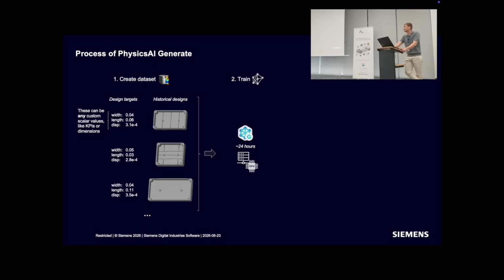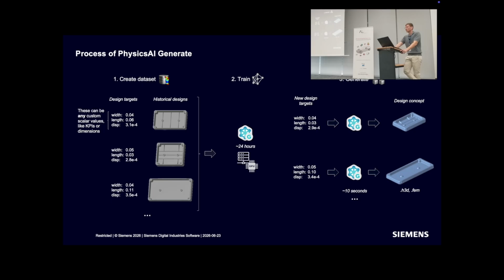For example, it can be design performance, such as a max displacement observed in our design, or a max stress, or it can even be the cost of the design, or the dimensions of the design. We use this data set in order to train Physics AI Generate. Once again, the training can be done either locally or remotely, and on a GPU as well.